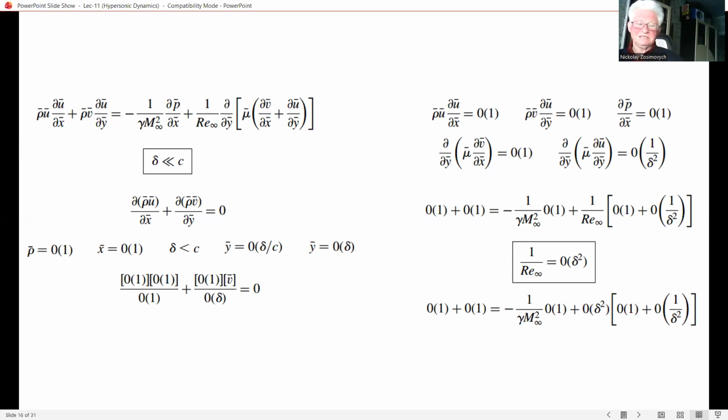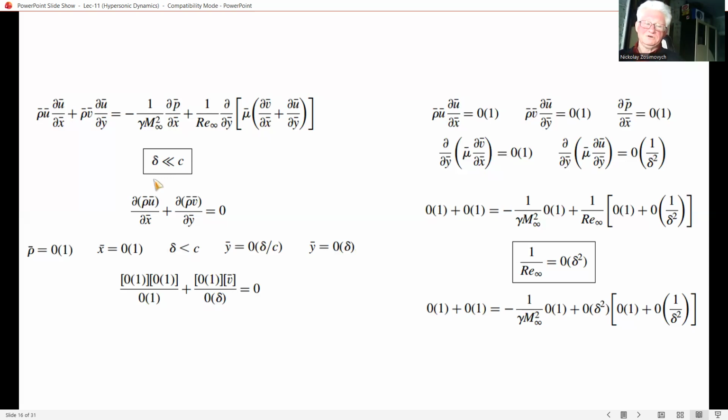So, consider the boundary layer along a flat plate of length L. The basic assumption of boundary layer theory is that the boundary layer is very thin in comparison with the scale of the body, so that we may write delta much less than L. Here delta is the boundary layer thickness.